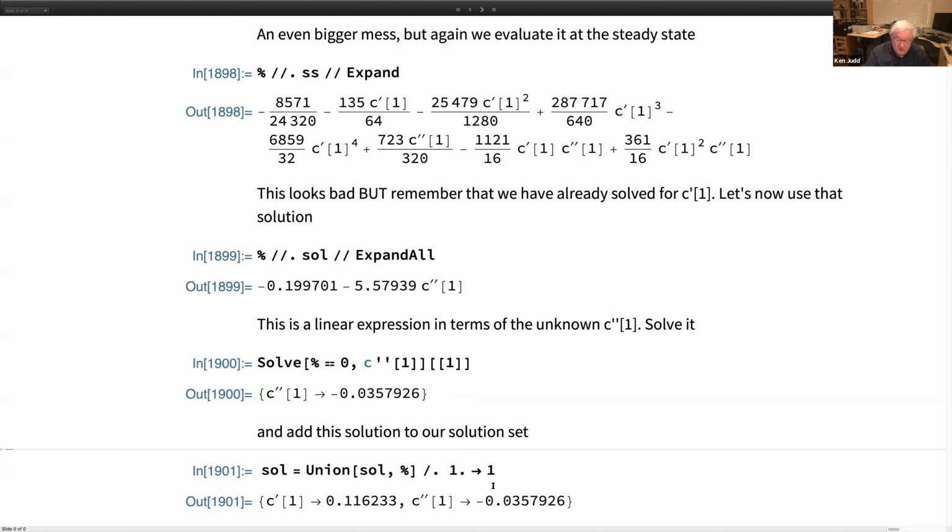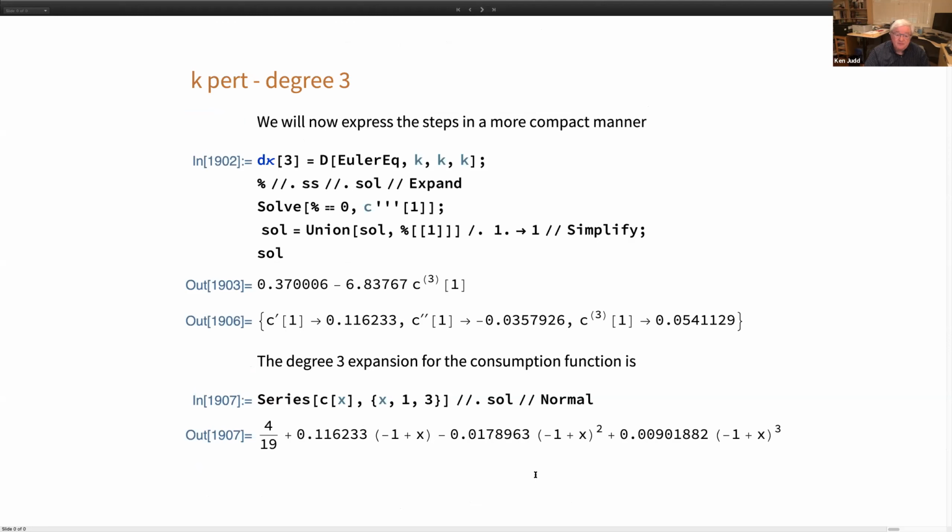So now let's add it to our solution set. Let's keep going. Degree 3 perturbation. Take a third derivative of the Euler equation error, and then plug in all your solutions for C prime 1 and C double prime. You get a linear equation out for C triple prime, and bingo, this is the equation, and now you have the C triple prime.